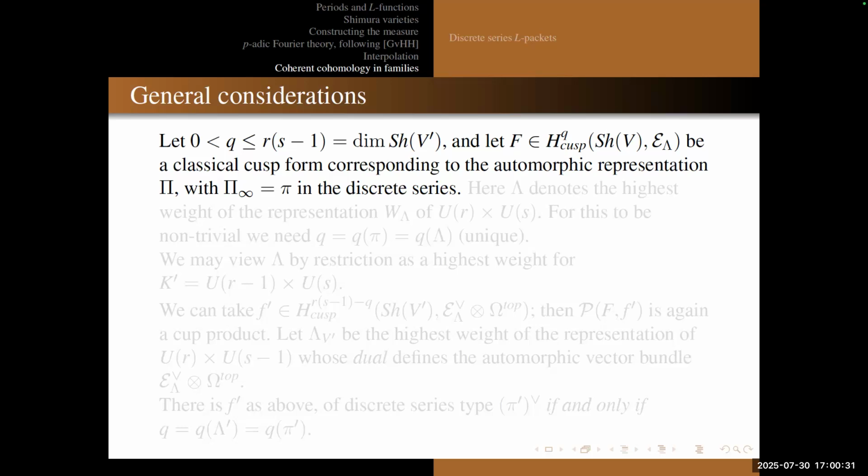And when the restriction map corresponds to a cup product or restriction on coherent cohomology, then there is some hope in generalizing this, but this would require developing all of this theory of differential operators for higher Hida theory, and that's a project for the future. Okay.